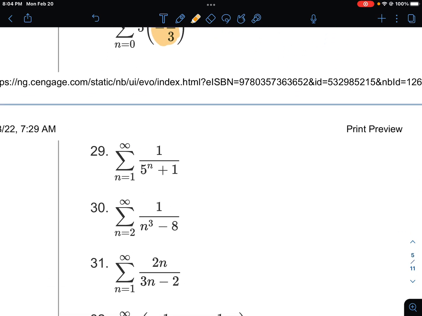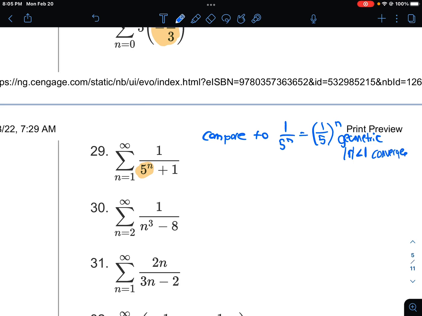Okay. This one right here, I see 5 to the n, so I'm going to go ahead and compare it to 1 over 5 to the n, which is 1/5 to the n, which is geometric. In a geometric series where r is less than 1, it converges.